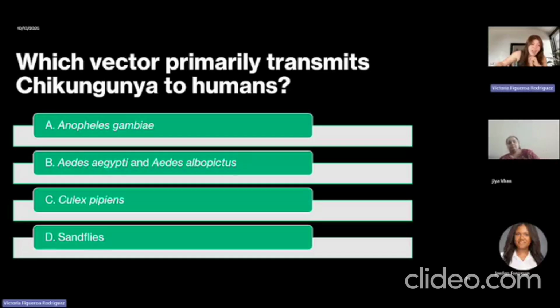So we already know that A is not an option. The C, Culex pipiens, is for arbovirus. Sandflies is leishmaniasis. And we already said that there are two species, Aedes aegypti and Aedes albopictus, if I'm pronouncing that correctly.